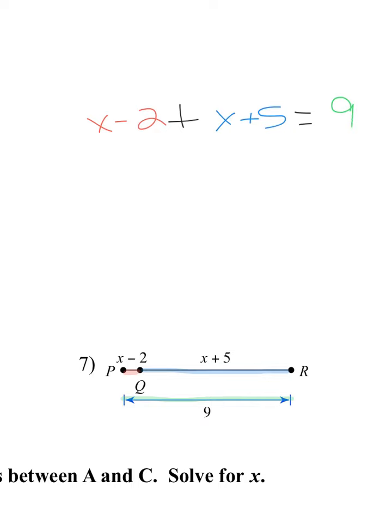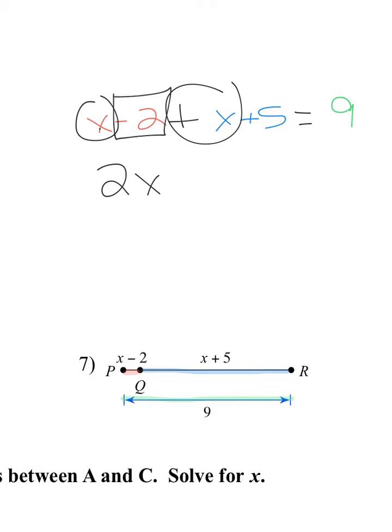And now I'm going to start solving. This one will be a lot prettier. I have two x's, x plus x. Those are going to combine together to equal 2x. I have two constants, minus 2 and plus 5. Those are going to combine together to be plus 3 equals 9.